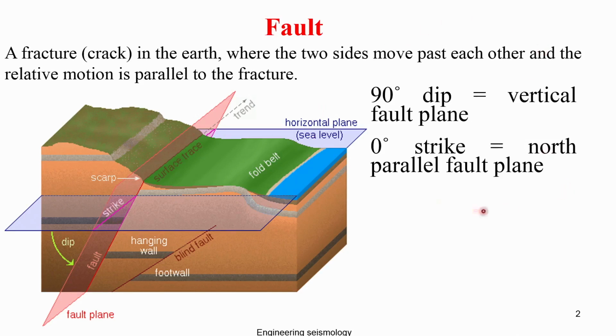These are the ways you can define your fault dimensions. When we do earthquake simulation, as I told you, you need the dip angle and strike angle as input. The dip and strike were defined long back in the class called seismic sources.